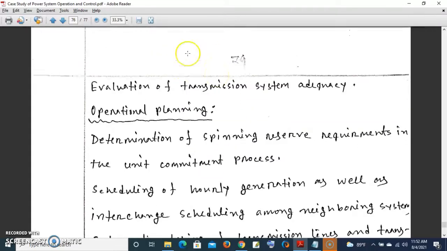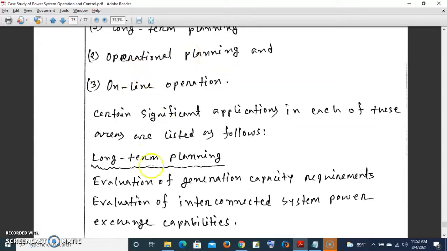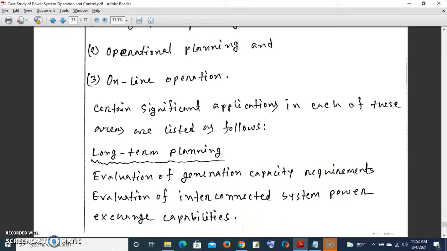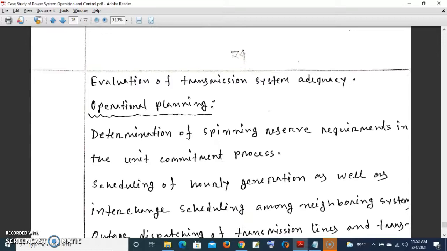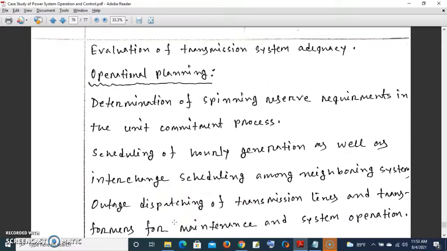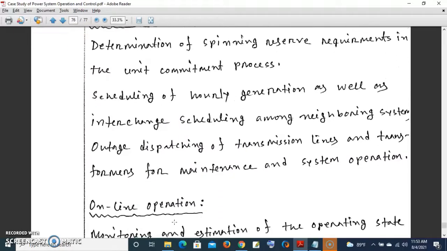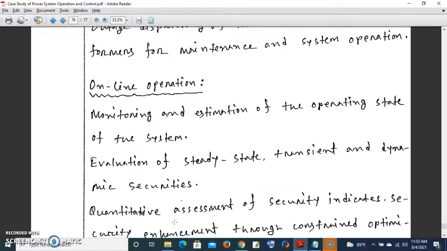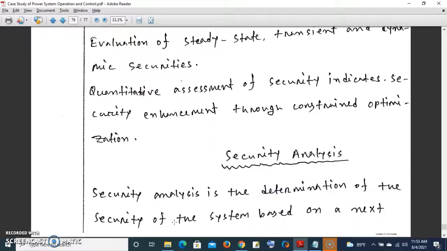Here is the application of long-term planning: evaluation of generation capacity requirements, evaluation of interconnected system power exchange capability, evaluation of transmission system adequacy, operational planning application and online operation. Here the total of 11 lessons is represented in my case study.